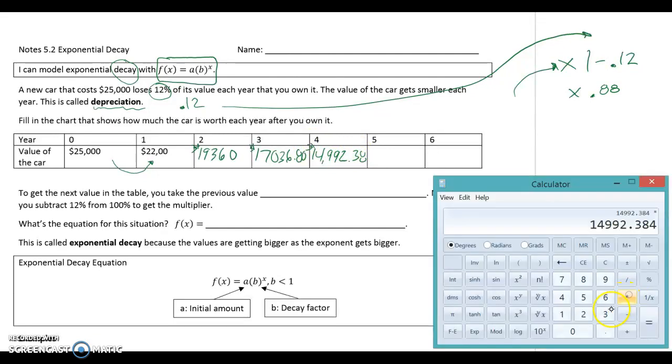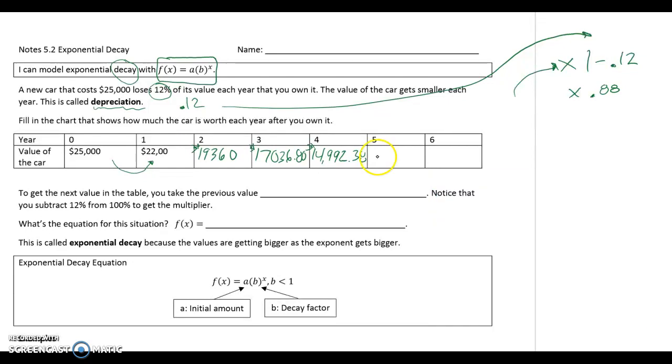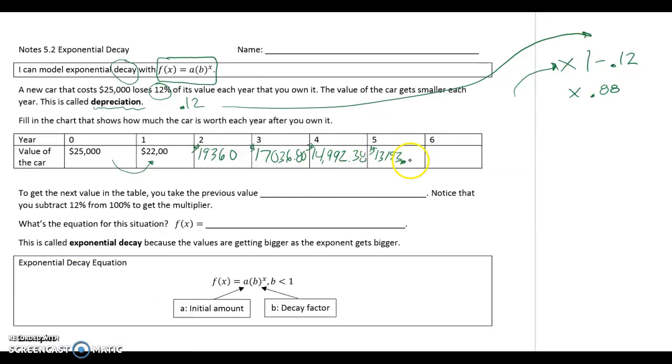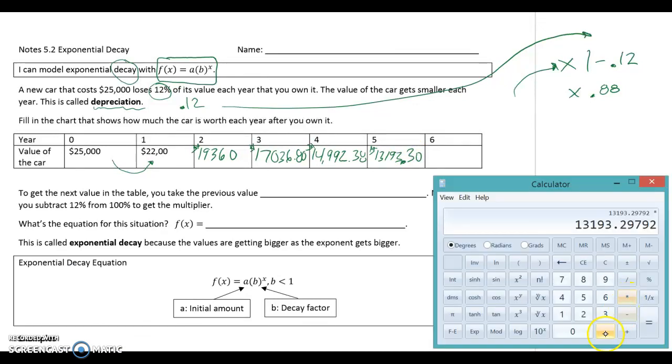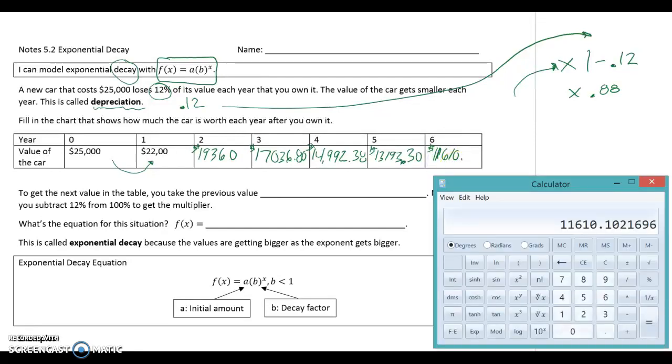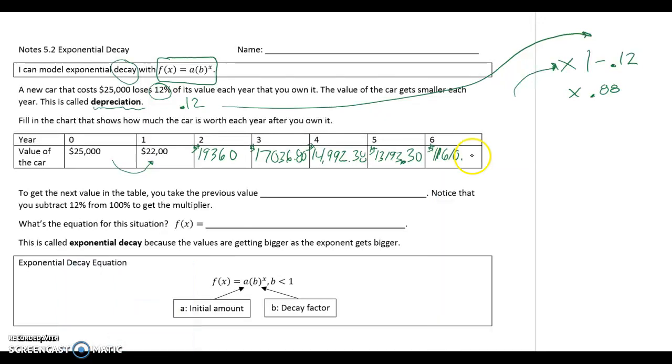Continuing again, times 0.88, $13,193.30. And one more time, times 0.88, $11,610.10.